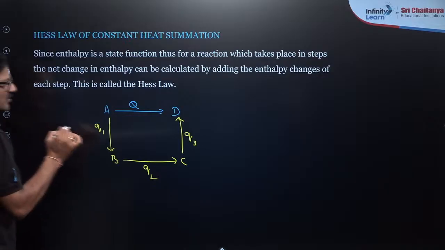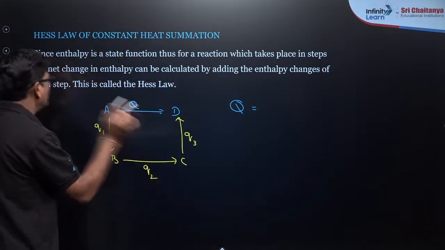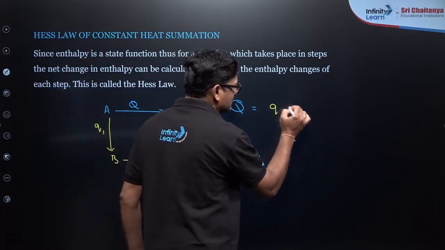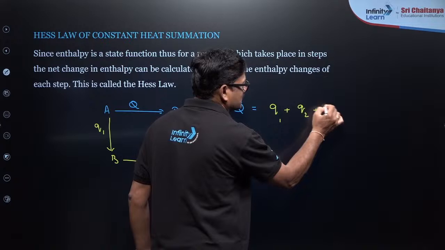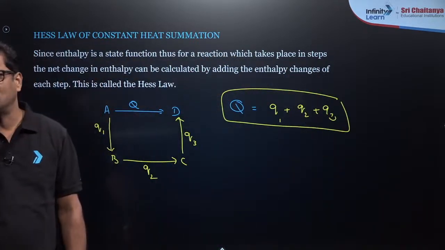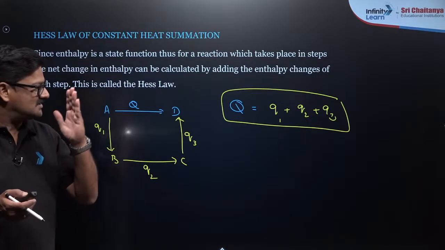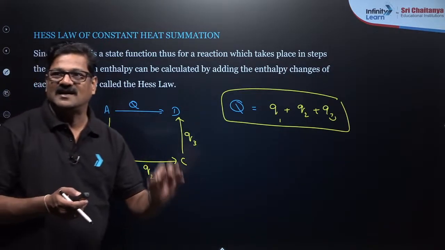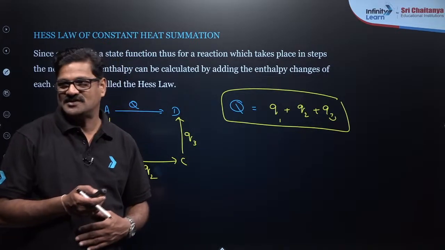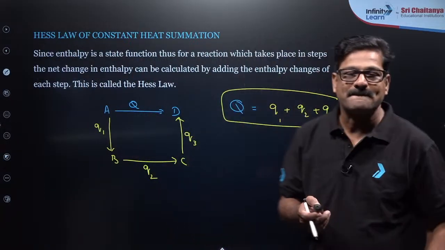Now Q is equal to Q1 plus Q2 plus Q3. That's all. This is what is called Hess's law of constant heat of summation. The heat of reaction is the same whether the reaction takes place in a single step or in multiple steps. Understand?